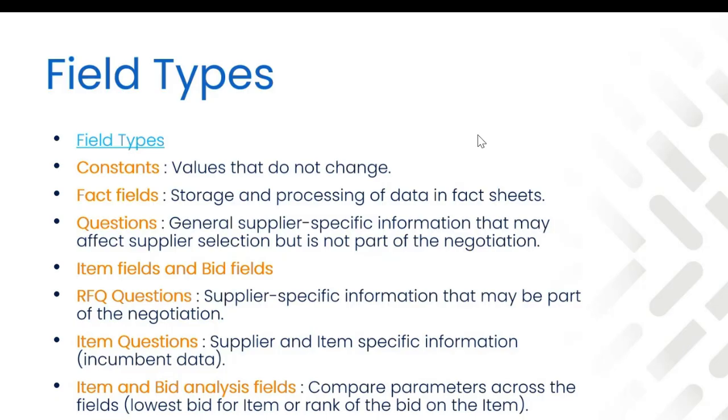CSO has a standard rank, but I can do custom ranks or review any other analysis parameter that I need with bid analysis fields. And we have path analysis fields, which are fields to read data from the event into a fact sheet, to read, for example, information from the bids into a historical data sheet if you do an even more complex analysis.